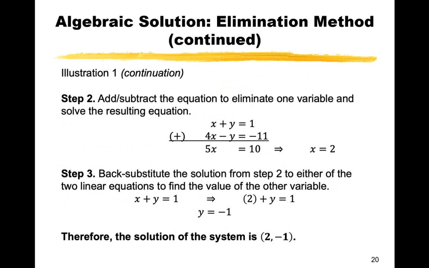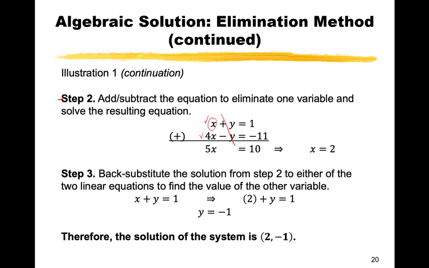So, yun na nga. Step 2, add or subtract the equations to eliminate one variable and solve the resulting equation. So, ganito. Yung binanggit ko kanina, pag i-add natin itong dalawang equation na to, ang unang mawawalang variable sa atin ay yung y. Magzi-zero out yan. Okay? Then, let's try to proceed with the addition of the rest of the equation.